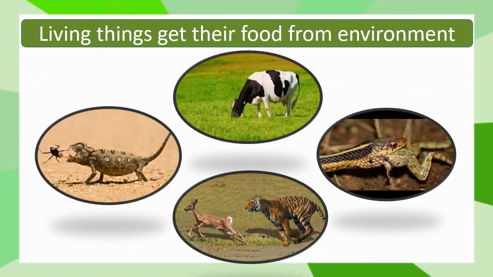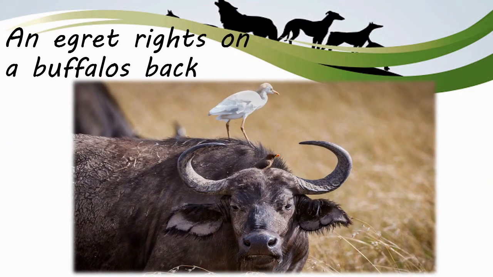An egret rides on a buffalo's back. The egret is sitting on the buffalo to eat insects that are sticking to the buffalo's skin. They both benefit each other as the egret gets its food and the buffalo gets rid of germs and insects.